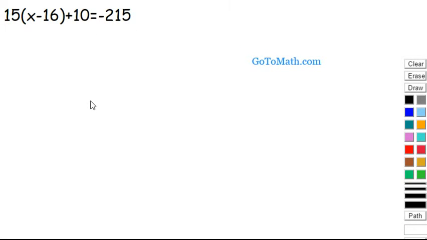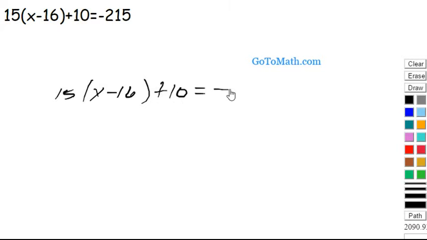So we have 15 x minus 16 plus 10 is equal to negative 215. What I'm going to do is get this 10 over to the right hand side, and we do that by subtracting.